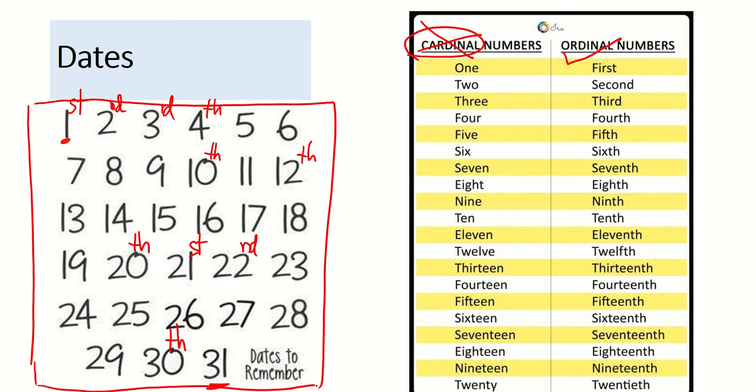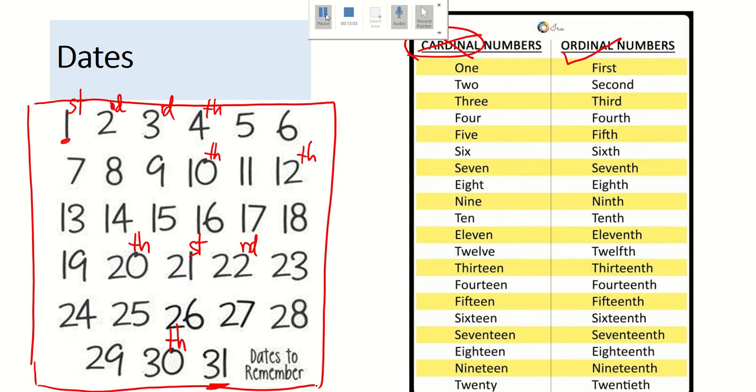So it is your job, it is your duty to remember numbers as both cardinal and ordinal number and use the two of them correctly.